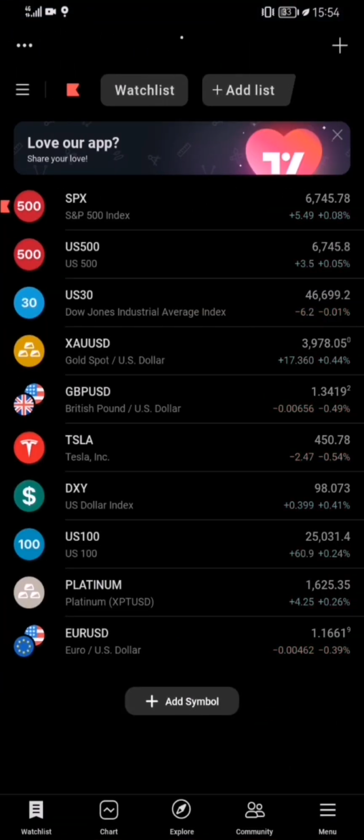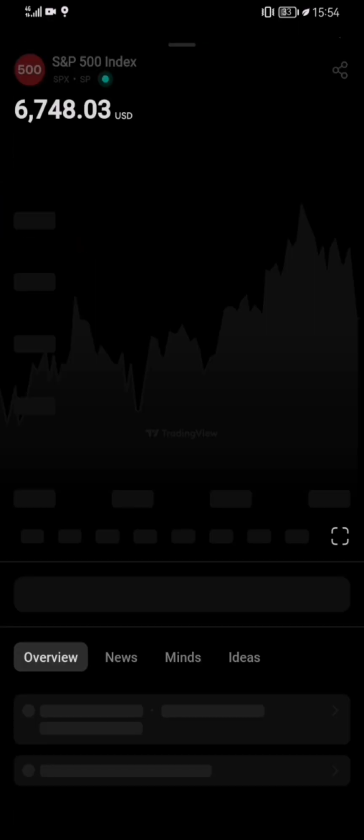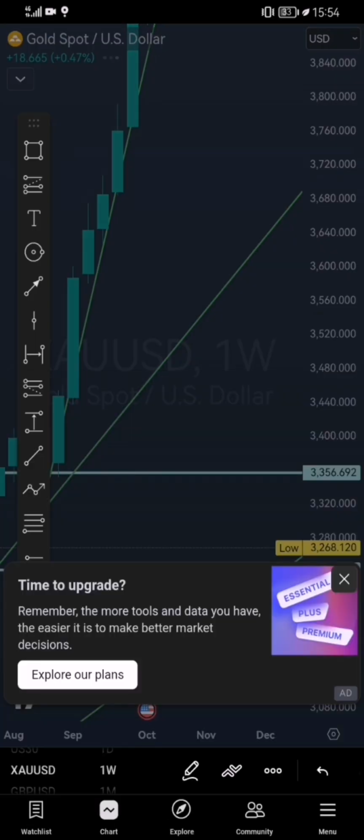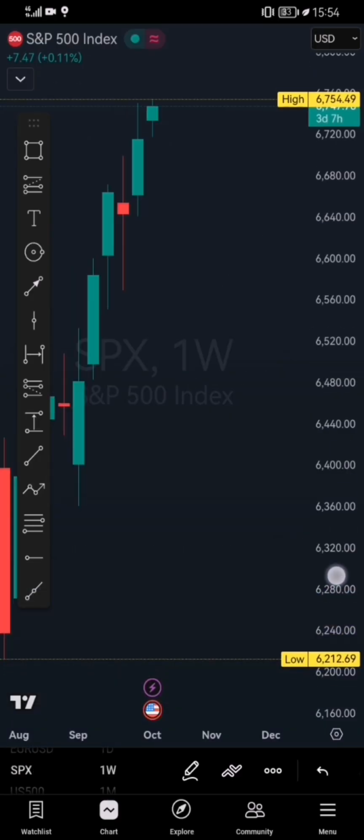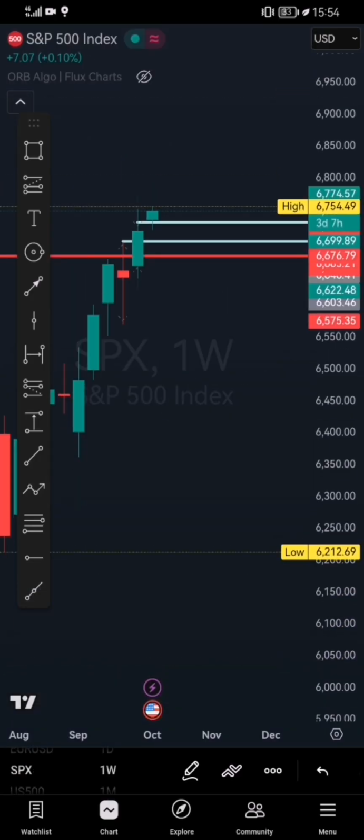But what I want to go over is just the ORB strategy again, right? So normally what I do is I go on SPX, and on SPX you can see it clearly.